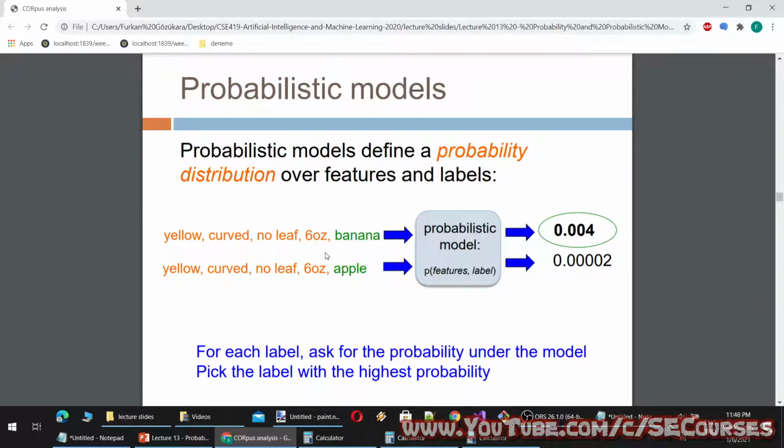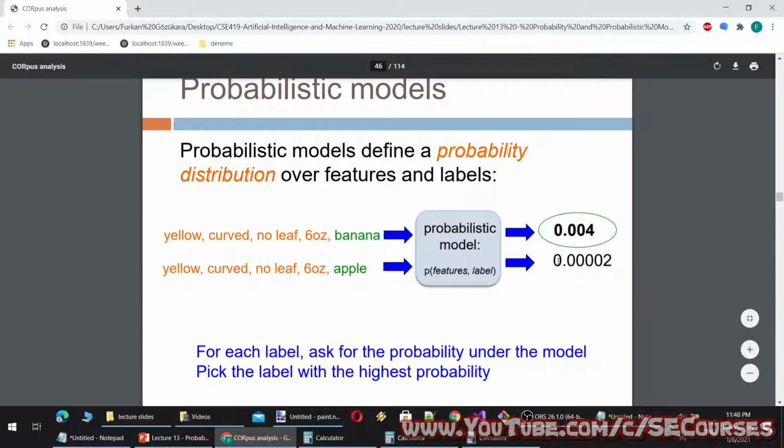We get the probability of both banana and apple. It says there is 0.004 probability that it is banana, and 0.00002 probability that it is apple. Therefore, it has higher probability for banana, so we can count it as banana.